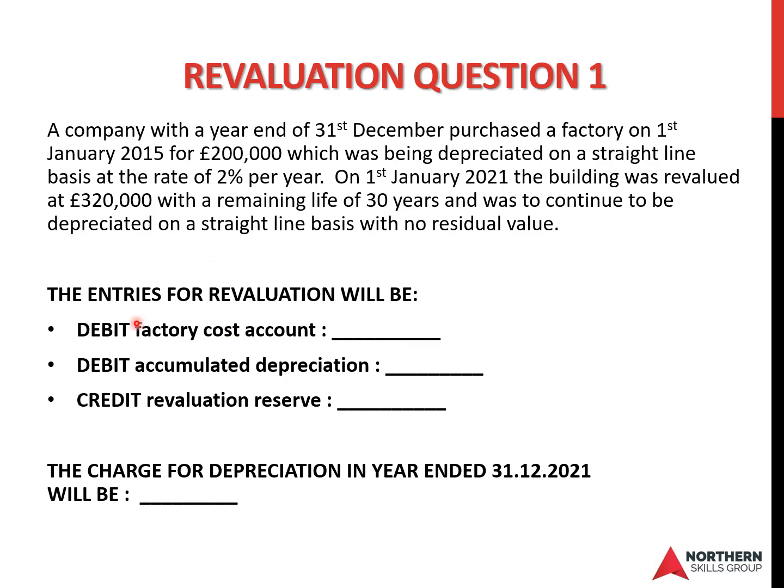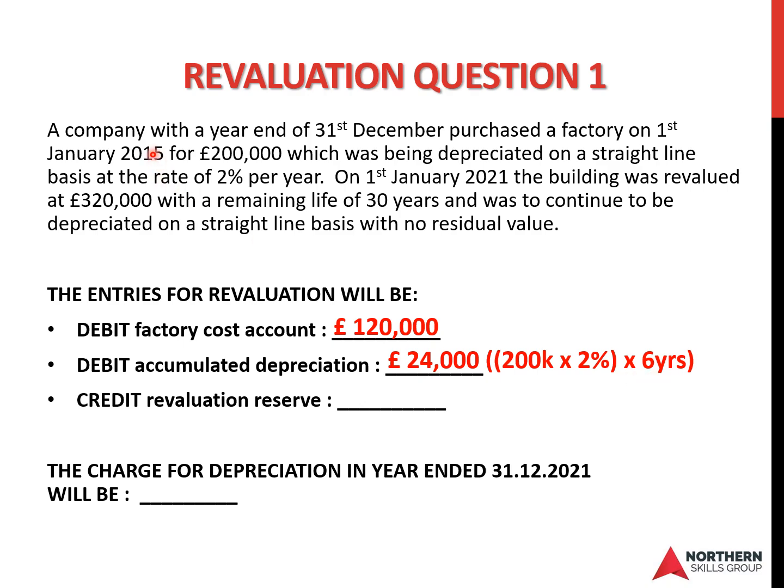So the first thing we need to do is to increase the factory cost account. At the moment we've got an entry in the cost account for 200,000. We want to change that to 320,000, and so we need to debit the factory cost account with an extra £120,000. We then need to get rid of all the depreciation that's been charged up to that point in time, and that was at 2% a year, and it was for 6 years.